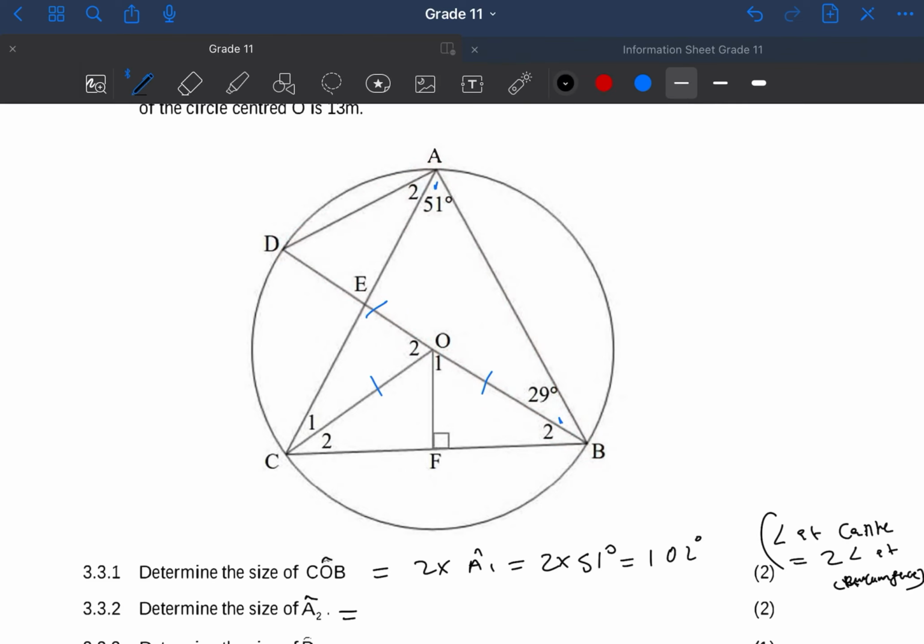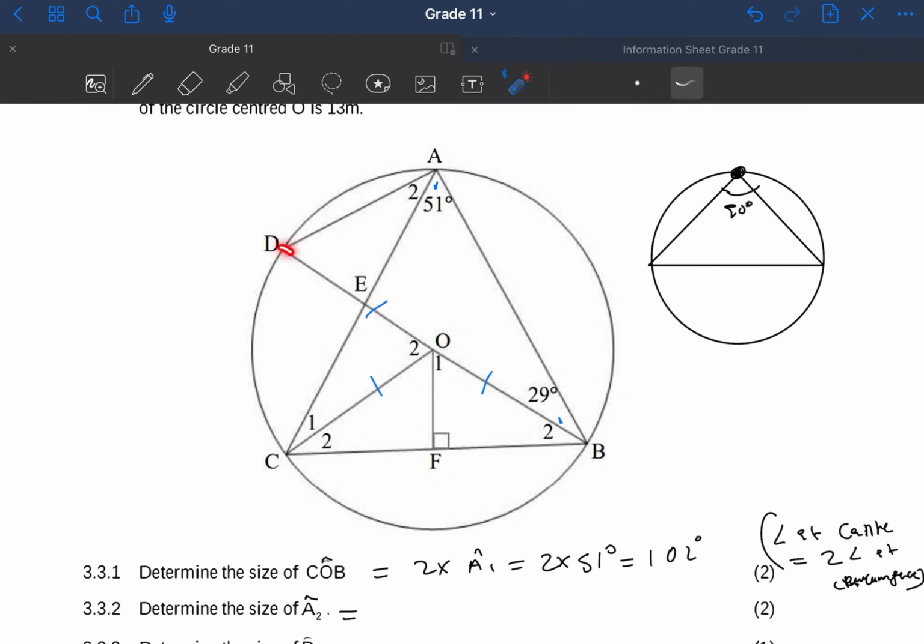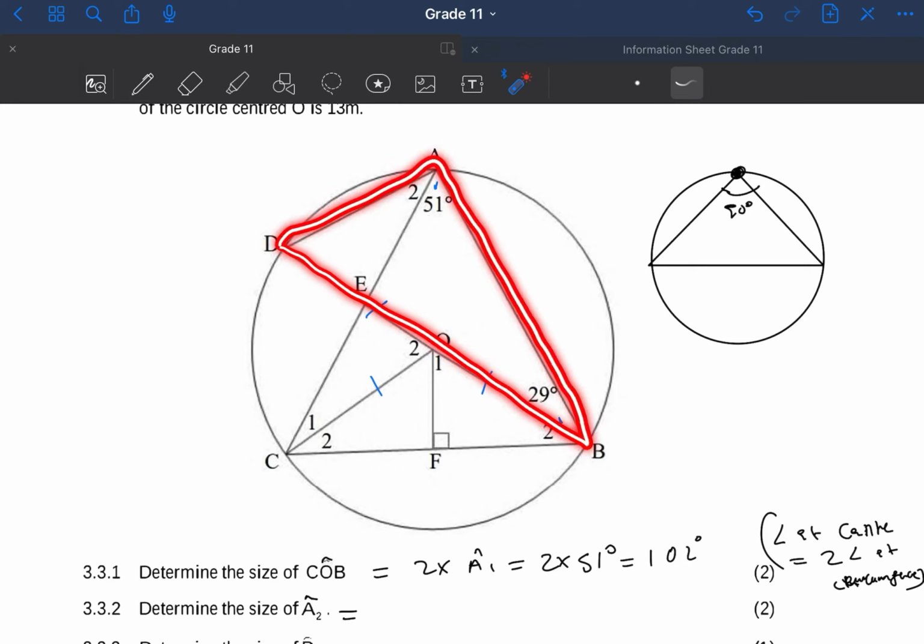So if you have a circle and a diameter, this angle here is always going to be 90 degrees, provided you touch the circumference.